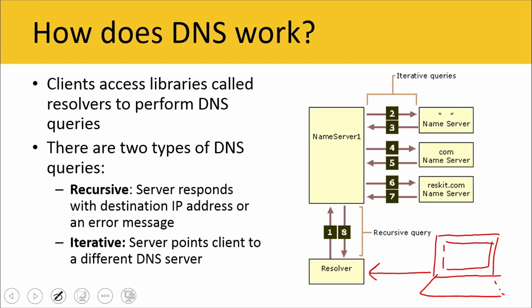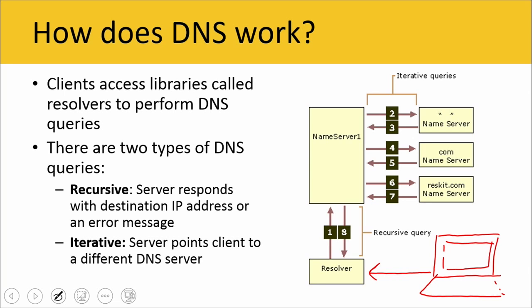Now, what happens when the resolver goes to work, it expects that response, and it tries to get it from the name server. The name server might go do some work in the background, and it actually embarks on making some iterative queries. So what happens first is if the name server doesn't have the IP address in its cache file, which is like the phone book reference that I made earlier, then it's going to send an iterative query to the root name server.